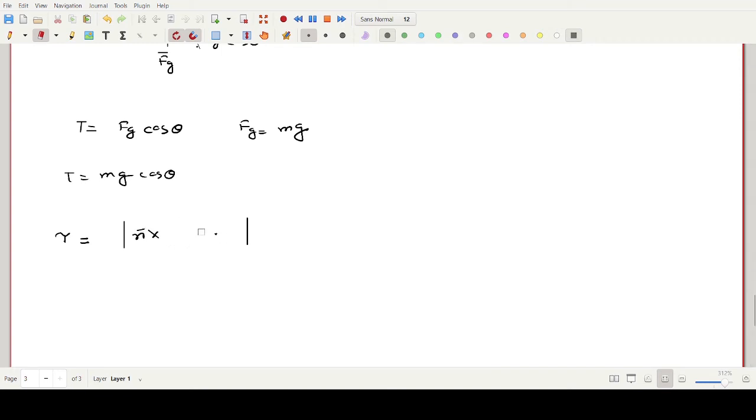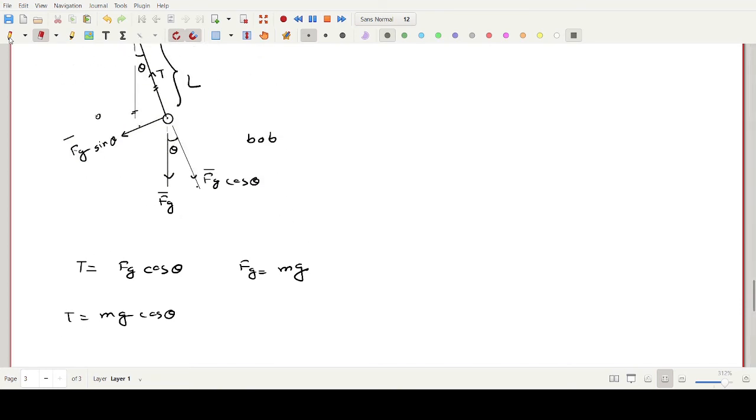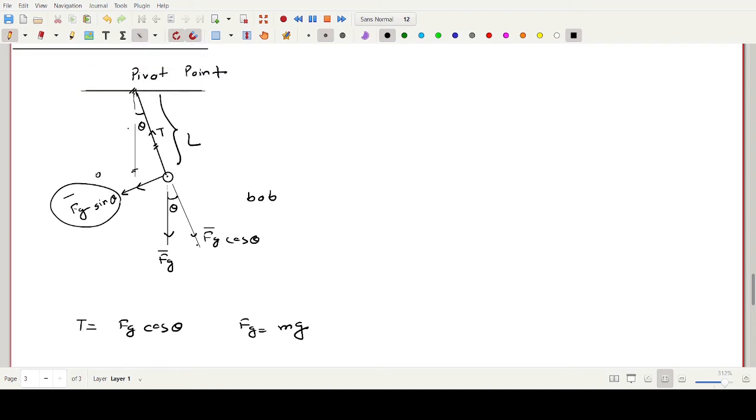This is the force here, Fg sine theta, and this is R, the distance from the pivot point to the bob.